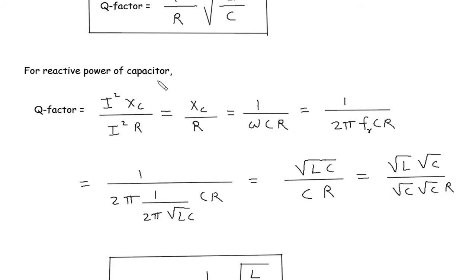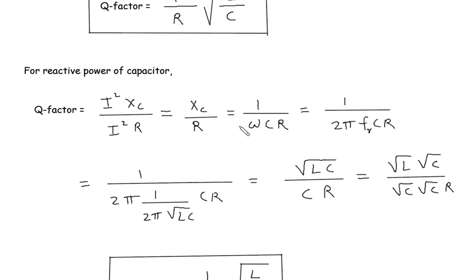Now for the reactive power of the capacitor, the reactive power of the capacitor is written as I square into XC, and average power can be written as I square into R. So this will be XC by R. This I square and I square will get cancelled.